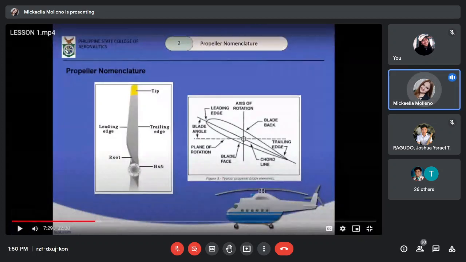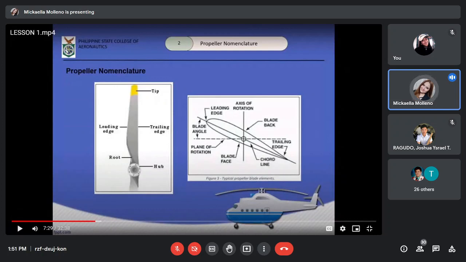Okay, so sa design nyo, nabigay naman na yung, like pinagawa na kayo nung initial na specifications nyo, right? Fixed pitch naman yung propeller requirement nyo. Confirm ko lang, diba? Opo, ma'am. Okay. So, yun.